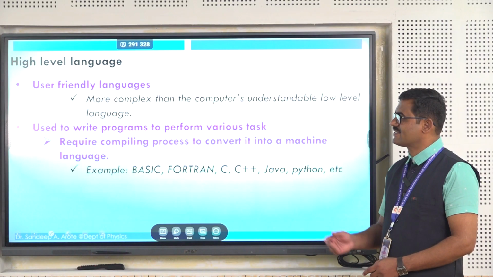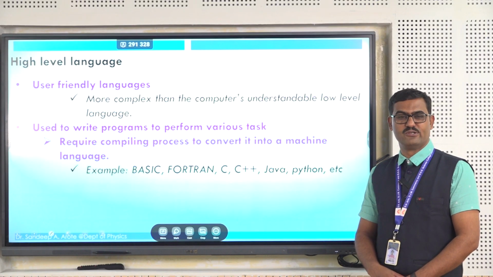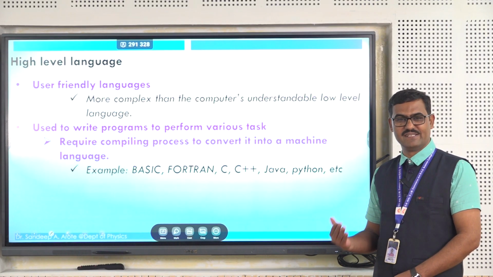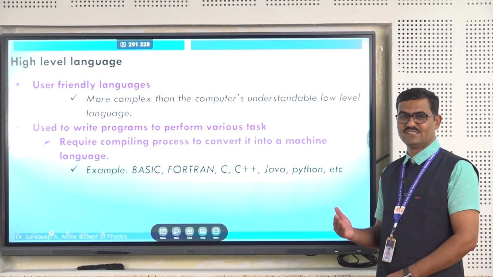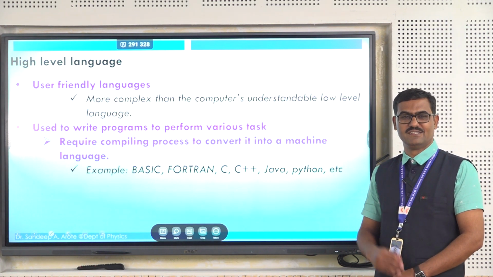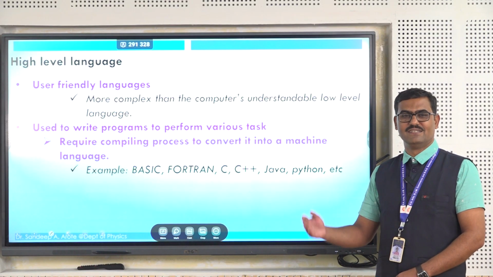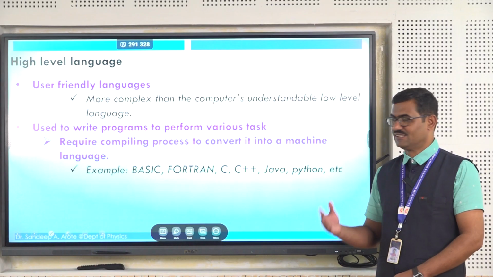Next is high level language. In high level language, the user writes according to the prescribed syntax. That code gets converted into machine level language, and then the execution of that particular process starts.